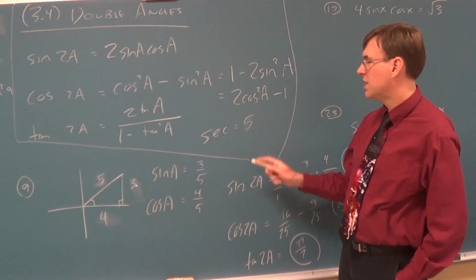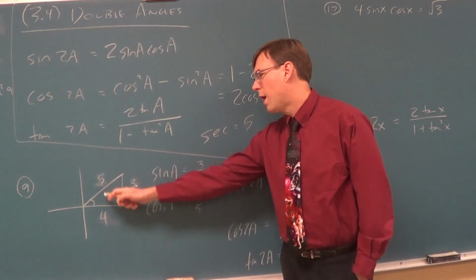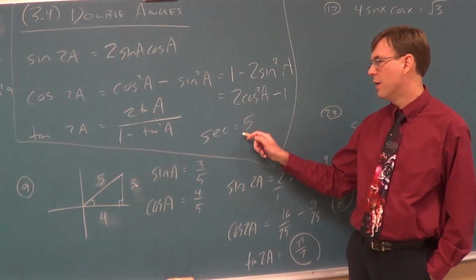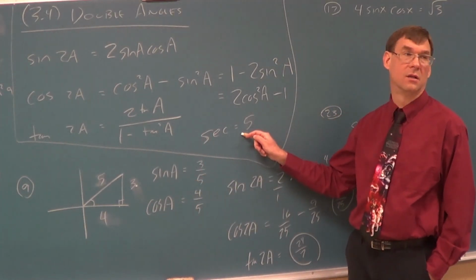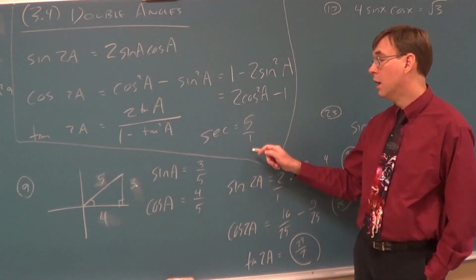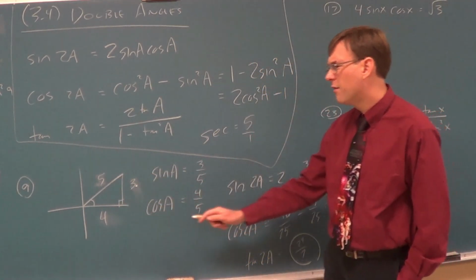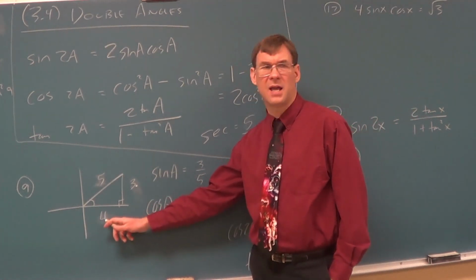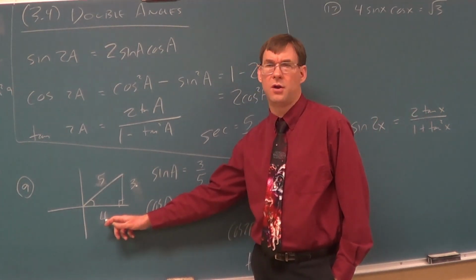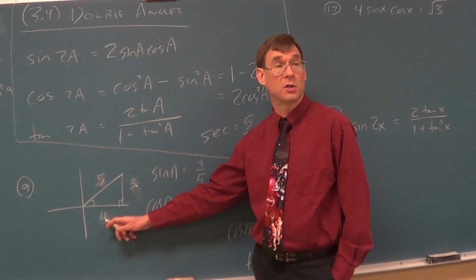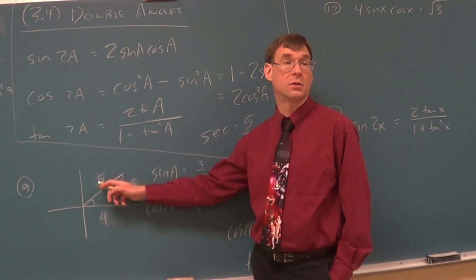If they said secant is 5, one of the numbers on the triangle would be a 5. How is this giving you another number slightly in disguise? It's over 1. So your triangle would have a 5 and a 1. So what if it weren't a triplet? How do you get the legs if you don't know 3, 4, 5? Square, subtract. What if you needed that?